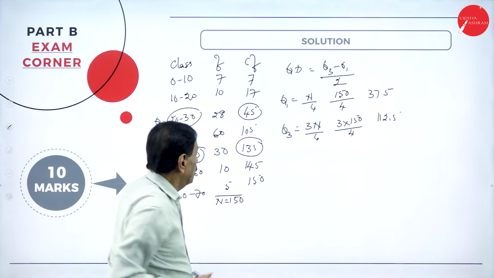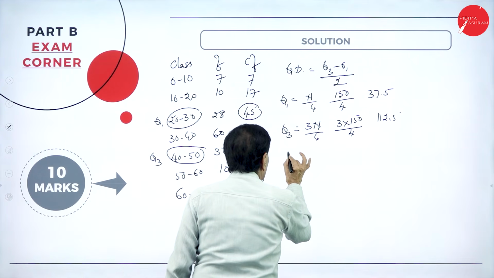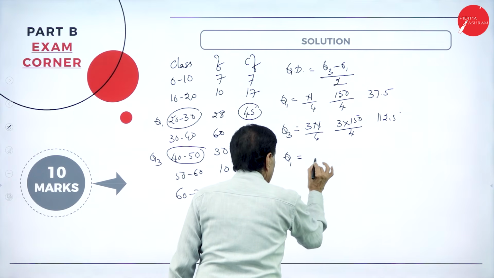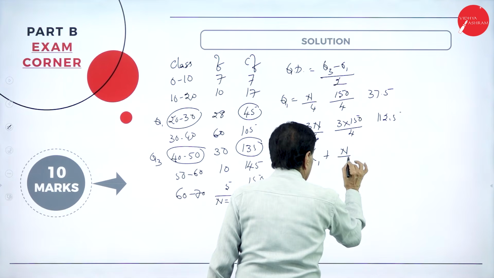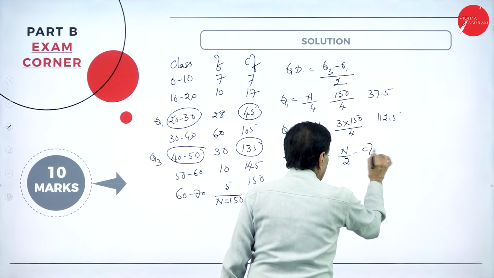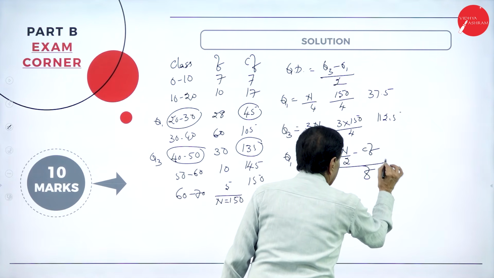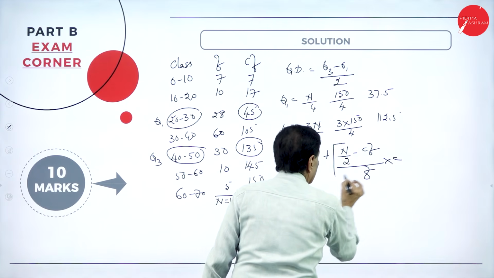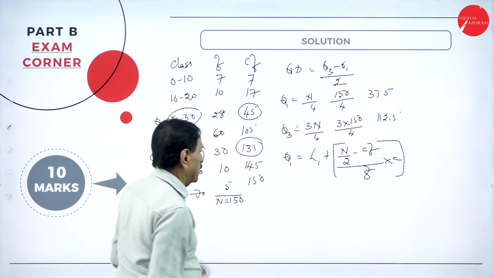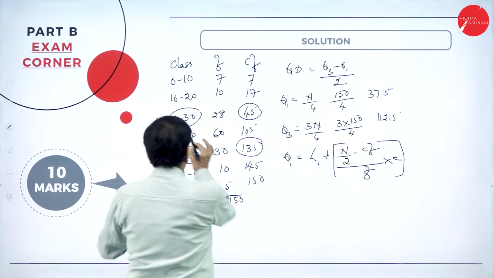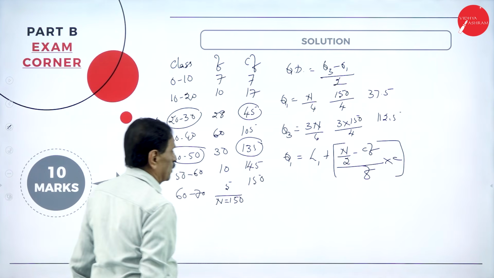Apply formula. Q1 is equal to L1 plus n by 2 minus CF over F into C. Which range you have selected? 20 to 30. What's your L1? This is your L1. This is your L2.